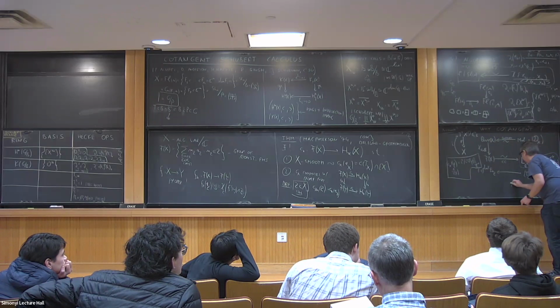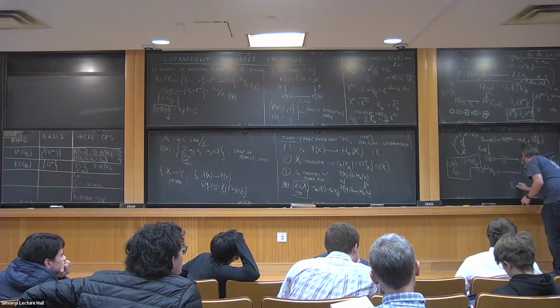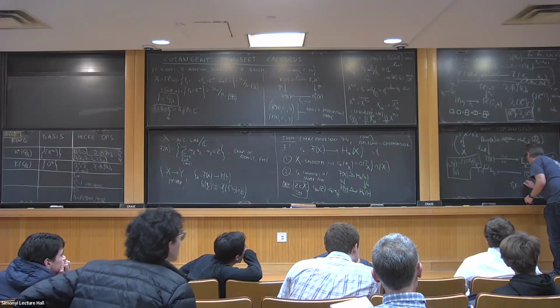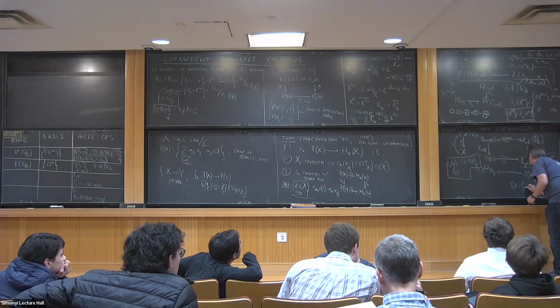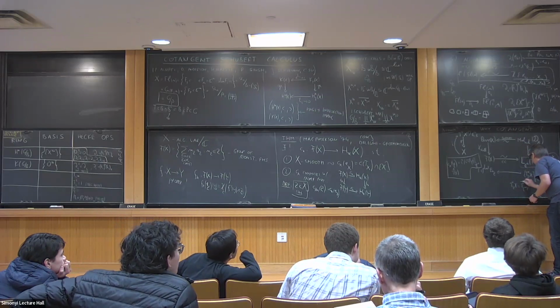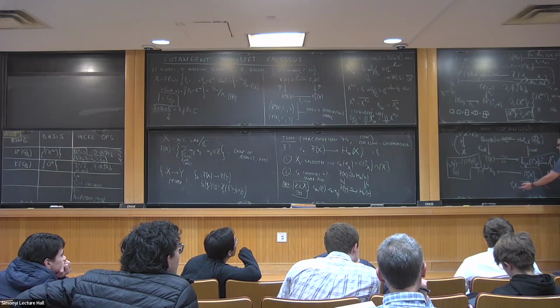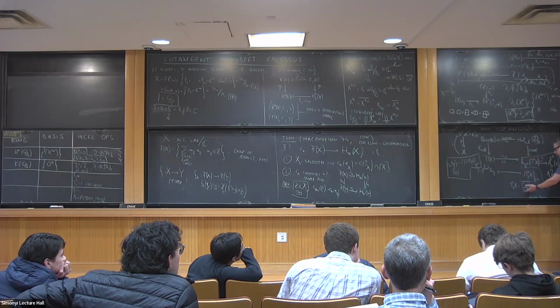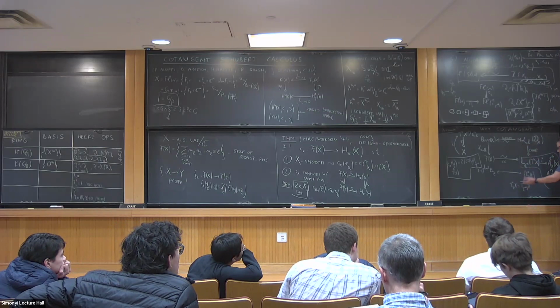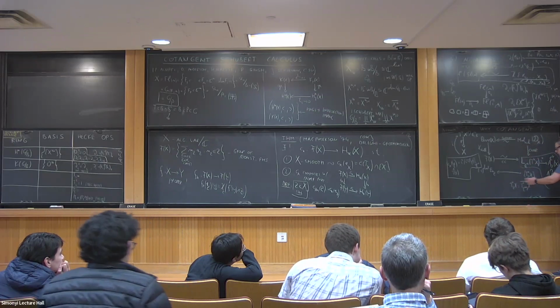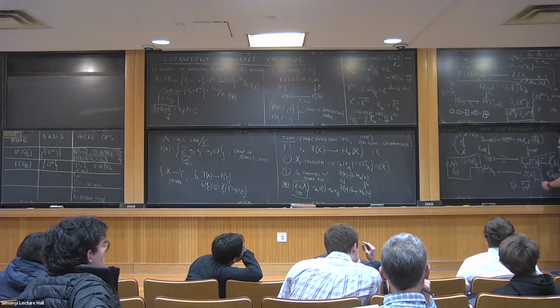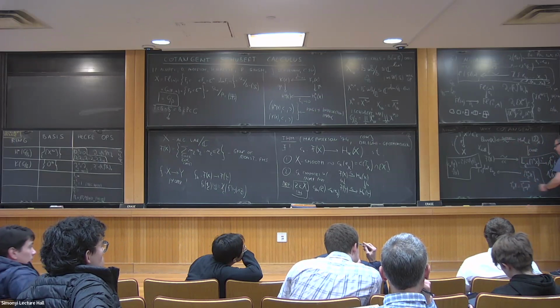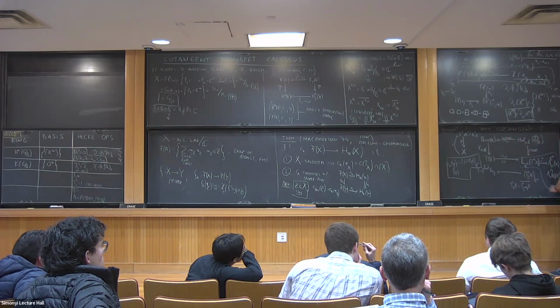This conormal cycle is by definition the closure of the conormal bundle of the regular locus, right? So Z may be singular, so this may not be defined. But what you do is you take the regular part, that is a bundle over the regular part, and then you can close that thing up inside T*X, and this is called the conormal cycle.